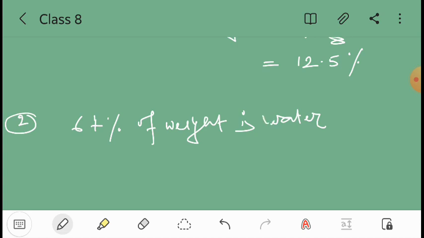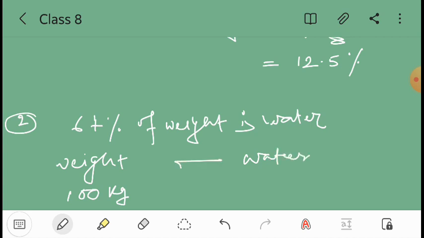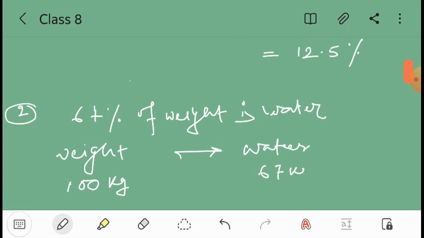If 67% of the weight is water, that means if your weight is 100 kg, then water is what? 67 kg. Yes, you can write kg also.